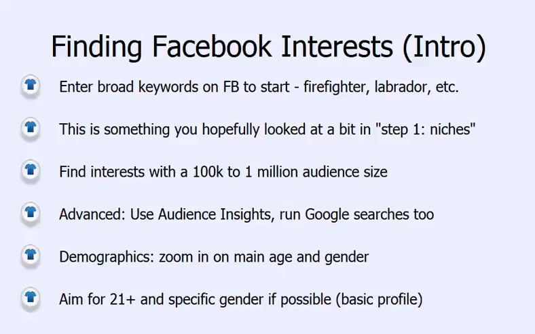You can also run Google searches. Even though we're dealing with Facebook, and even though it's tempting to think, let's just stick within Facebook and use Audience Insights because it's their data, Google's a monster when it comes to crawling the internet and finding out which websites relate to particular search terms. So you can go to Google, put in firefighter and see what comes up. Then put in firefighter magazine, firefighter association, firefighter products, firefighter shopping, basically a laundry list of all these terms.